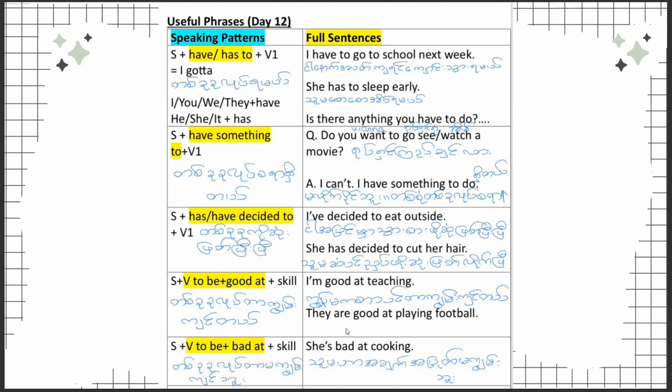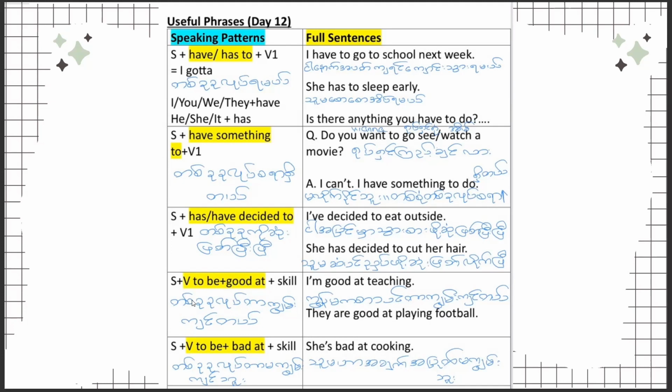They are good at playing football. And then bad at: she is bad at cooking. So here are 5 sentences overall. You need to remember these 5 sentences because I will ask you in the final exam.